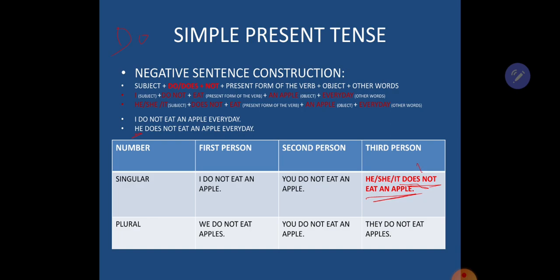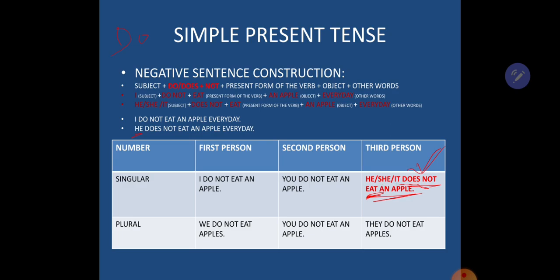Now, when we use does over here, the verb is put in the present form, no S or ES is added. So, it is the present form, S is removed. So, singular, I do not eat an apple. Second person singular, you do not eat an apple. But third person, we use does.